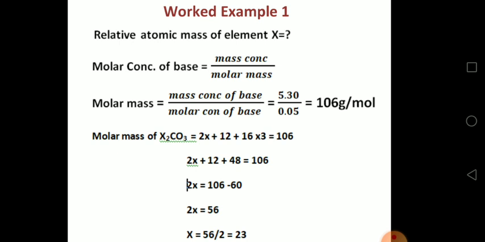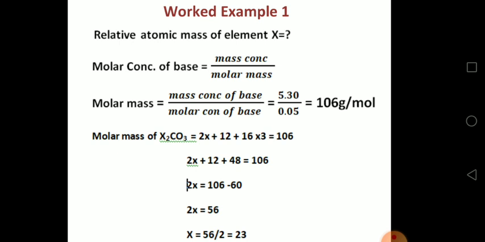So to provide the name of the element, we look at the periodic table for which element has atomic mass 23, and that's obviously sodium. So that is to say that the salt is a sodium salt, sodium trioxocarbonate(IV), and the element is sodium, as I have said.